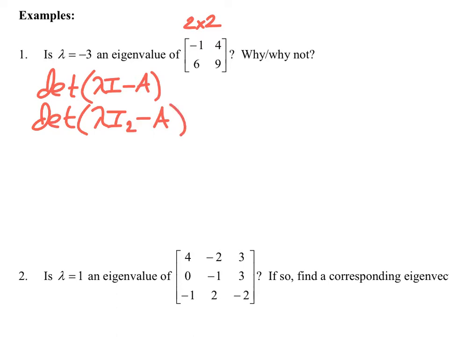I sub 2 is the 1, 0, 0, 1 matrix, all right? So I'm looking at the determinant of, well, 1, 0, 0, 1 multiplied by lambda. So lambda, 0, 0, lambda. Now that's right, but we have to subtract from that A.